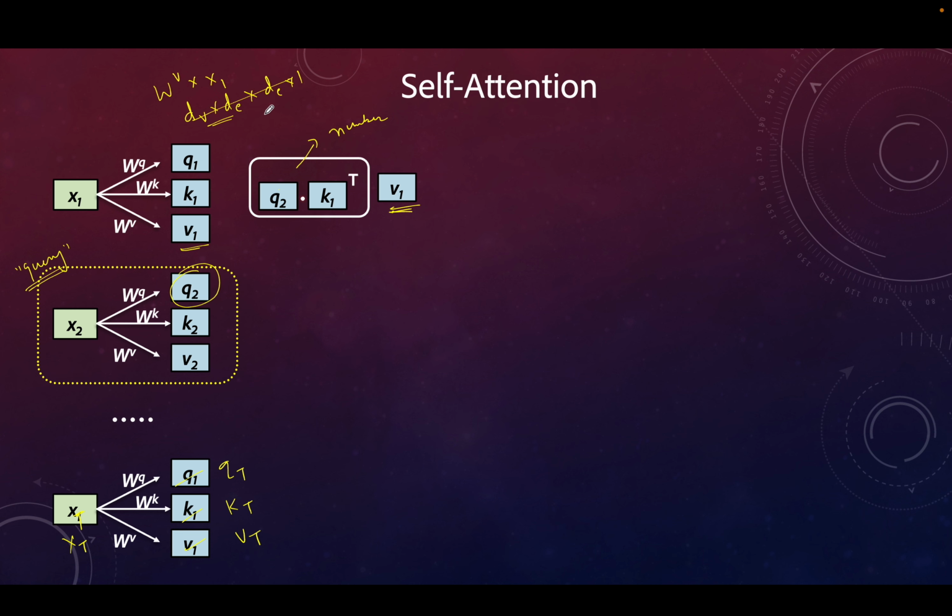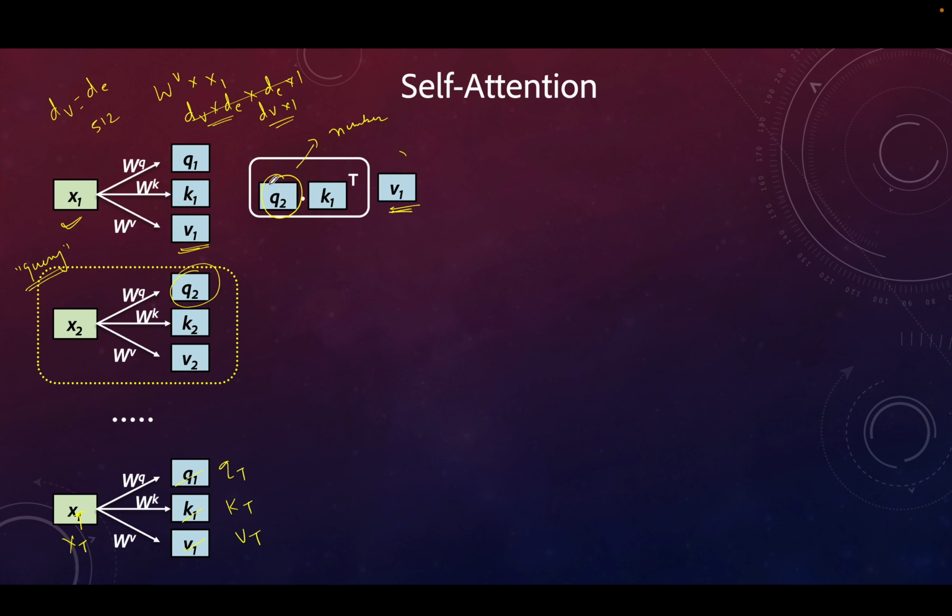So it gets dv cross 1. In the original transformer, dv is equal to de, which was equal to 512. So this whole thing is of the same dimension as v1 or x1 in this case.